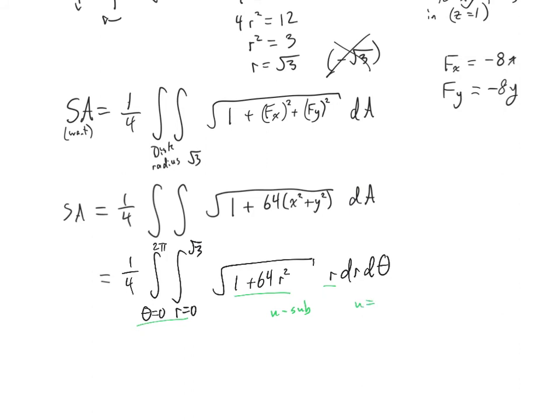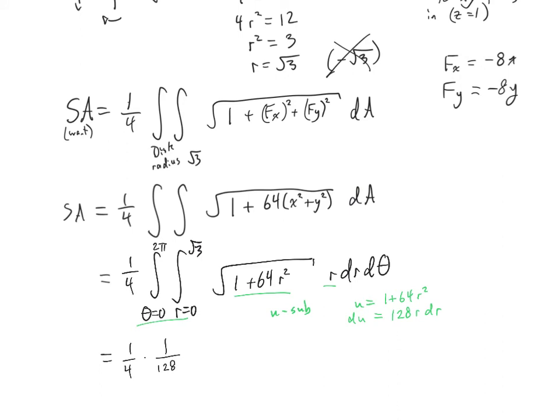It looks to me like u should be 1 plus 64r squared. So du is 128 r dr, which means that my final answer should be 1/4 times 1 over 128.